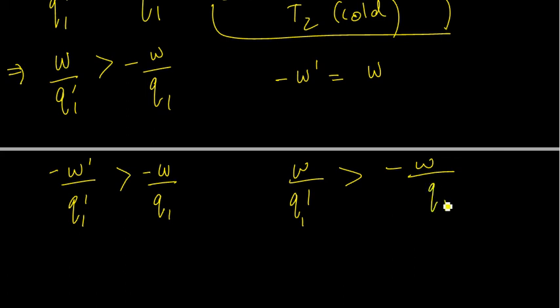Yes? If I can write it that way. And I know that Q1 is less than minus of Q1 prime, since Q1 is a negative quantity, yes, I am throwing heat from the system to the surrounding, and Q1 prime is a positive quantity because heat is coming from the hot reservoir into the system in case of the Carnot cycle, in case of the Carnot engine, right?